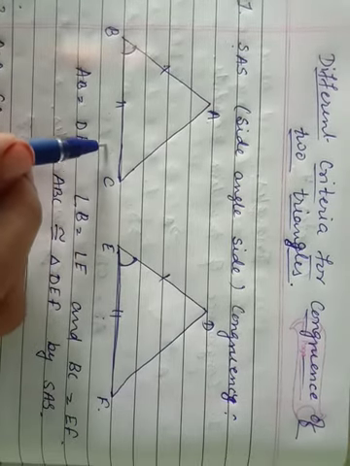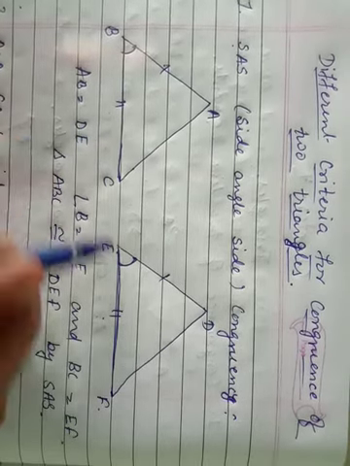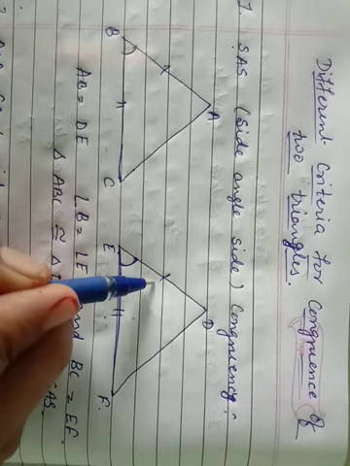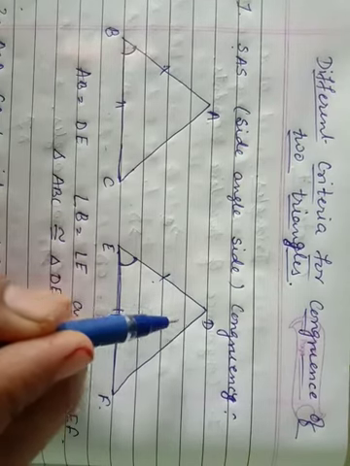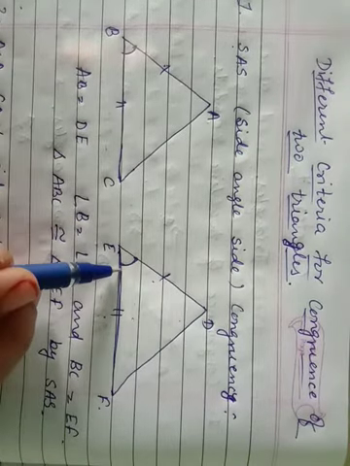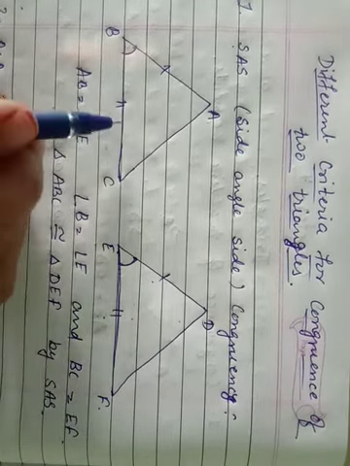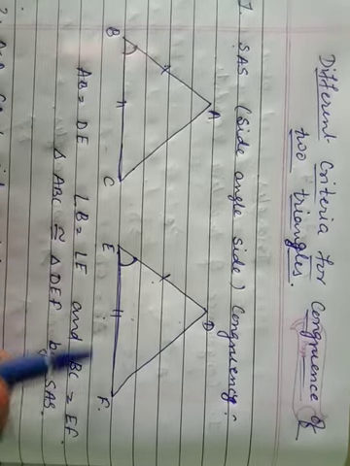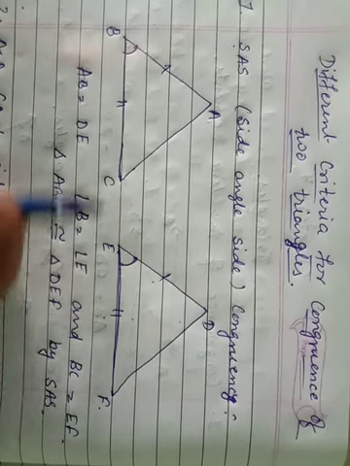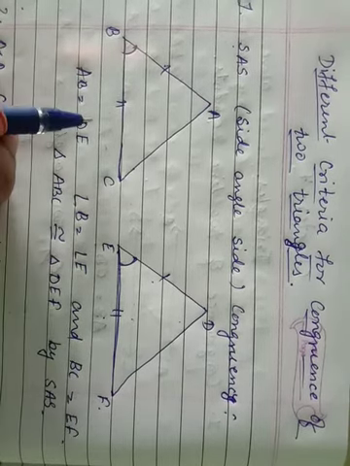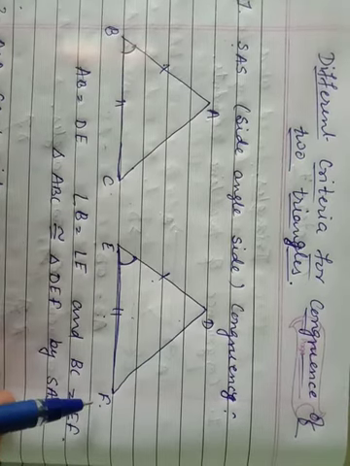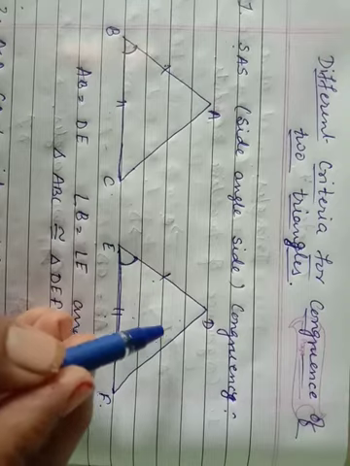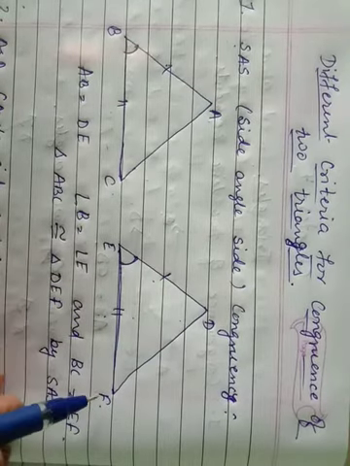Means if we place triangle ABC over DEF such that the side AB falls on DE, A falls on D and B falls on E. Now as angle B is equal to angle E, BC will fall on EF, but BC is equal to EF, therefore C will fall on F. So the 3 vertices A, B, C of triangle ABC coincide with triangle DEF.